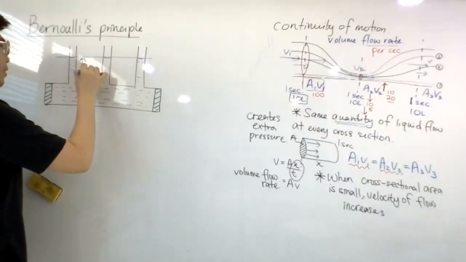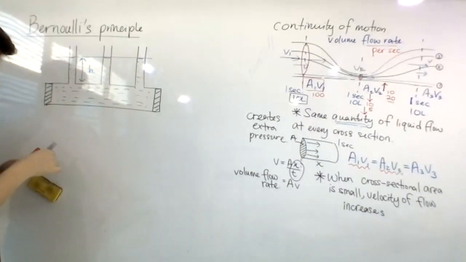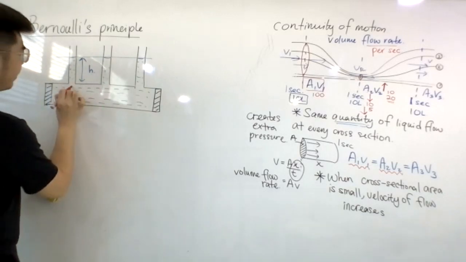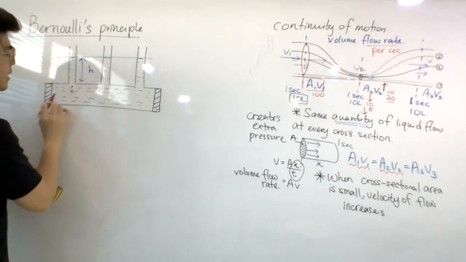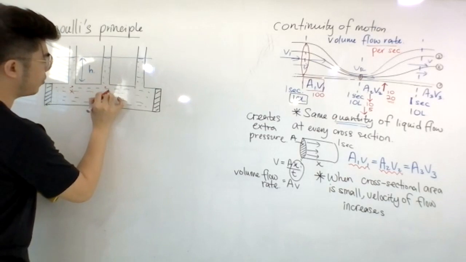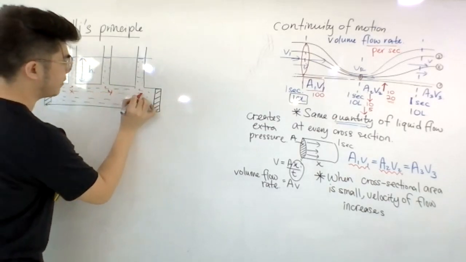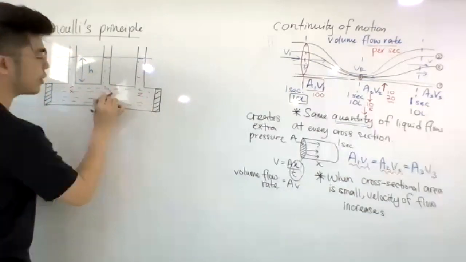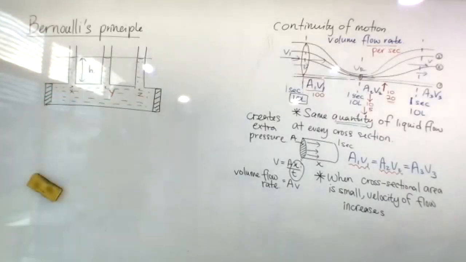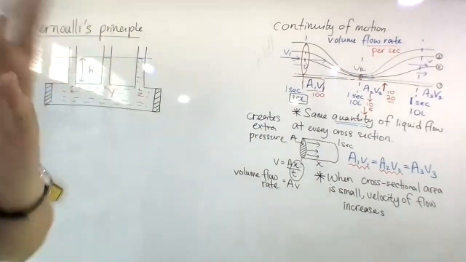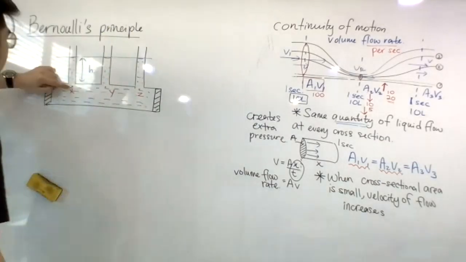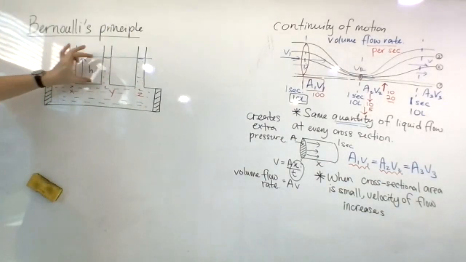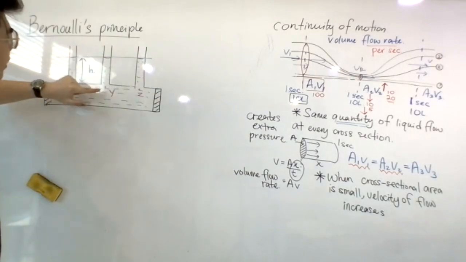That proves the pressure at the bottom. Here we'll take 3 points. I will call this x, point y, and then point z. If I compare the pressure at these 3 points, the pressure at x, y, z, they are all equal, because the height of the liquid is the same.